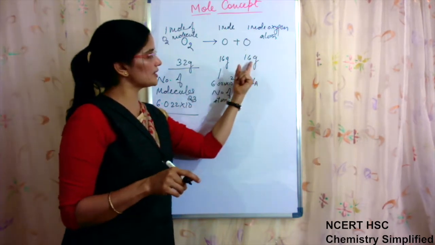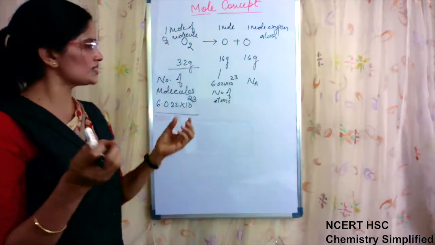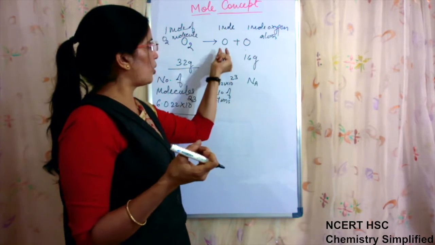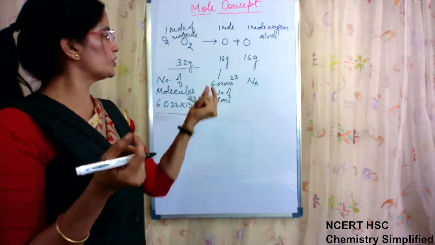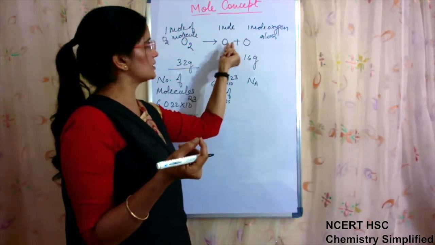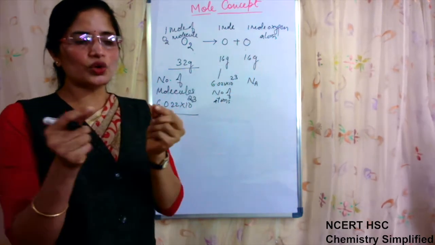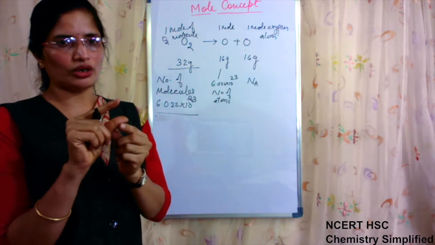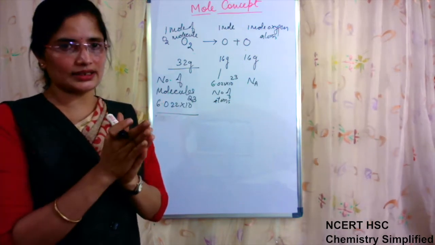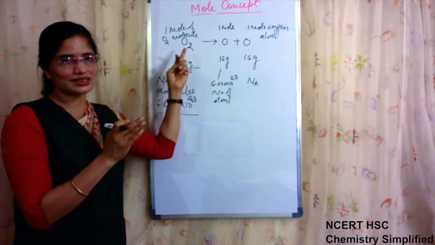When this and this are formed, they have combined. That means you can take that small atoms of oxygen have combined with small atoms of another oxygen to form 1 big molecule. So they have combined. Now when they are forming O2, they are not separate.